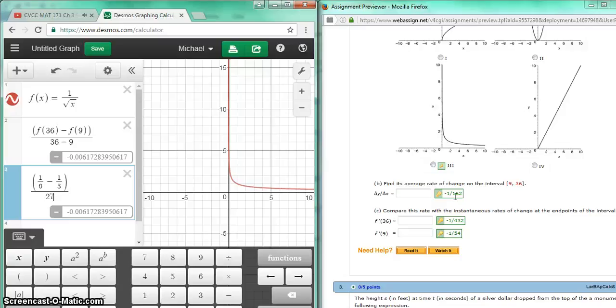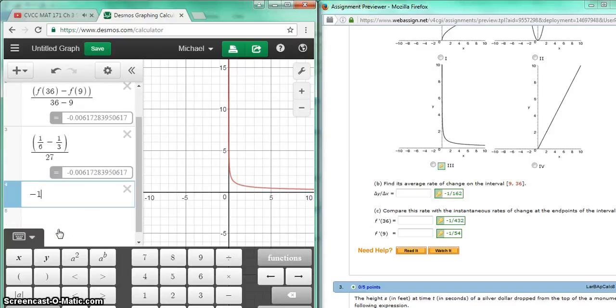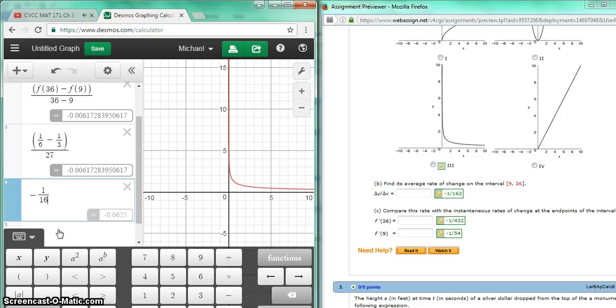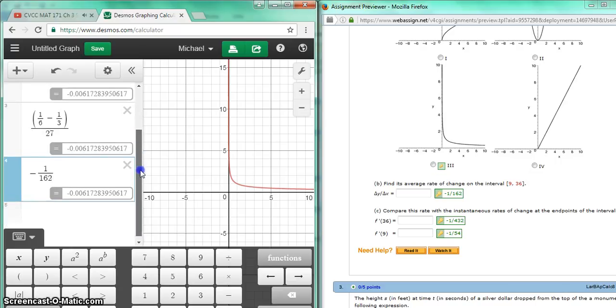I would probably just go ahead and do the math and say 1/6 minus 1/3, which 1/3 is the same as 2/6, is negative 1/6 all over 27, which gives me that negative 1 over 162. So again, make sure you give the fraction answer, just showing you all that these are equivalent to each other. These decimal numbers are all equivalent to each other. Just have to do the arithmetic.